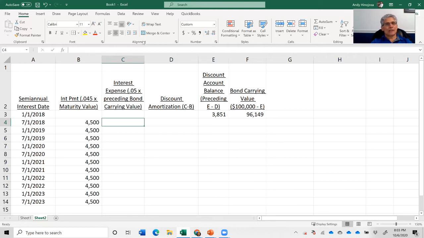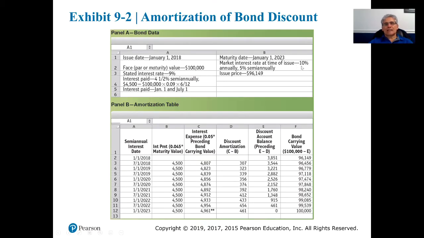Now the interest expense is going to be computed by taking 5% and multiplying it by the preceding bond carrying value. Where did we get the 5%? We're told that the market interest rate is 10%. See that? But because these are paid semi-annually, the 10% is an annual rate, so we have to divide it by 2. 10% divided by 2 gives us 5%.